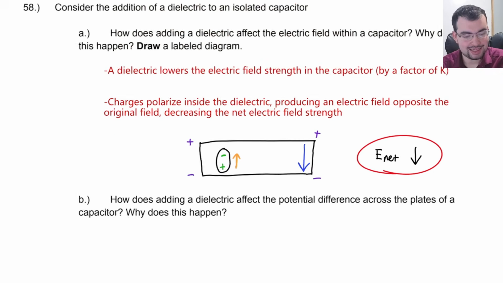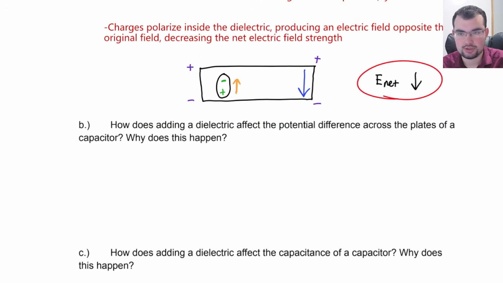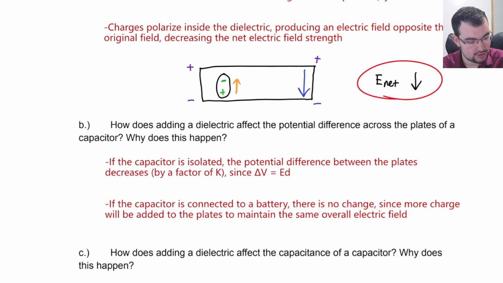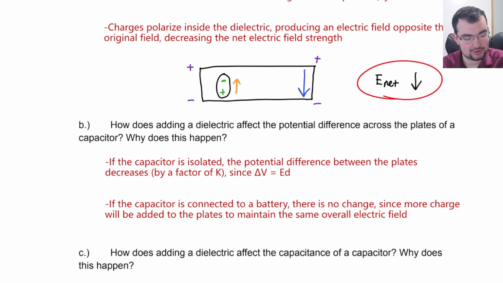So if you have an isolated capacitor, which is kind of the setup to this problem, meaning the charge can't change, well, you essentially have the same distance, but a weaker E field. So that is going to decrease the potential difference. So we define this kappa as the factor by which the net field is decreased by the addition of the dielectric.